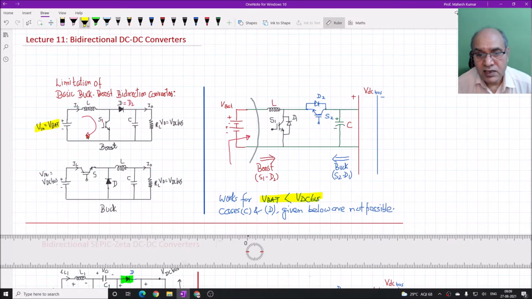So obviously, if I move from battery to the DC bus side, the voltage is being stepped up and the battery is discharging. The battery is acting as the source and the DC bus is acting as the load. The power flows from battery to the DC bus and the whole topology with the combination of S1 and D2 acts in the boost mode.